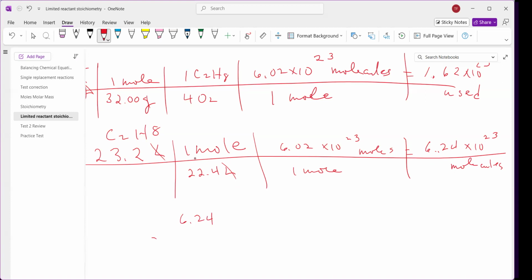In this case they're already both 10 to the 23rd, but if they're not, you have to make them the same, because you can't subtract them if the exponents are different. So it is 6.24 minus 1.62.